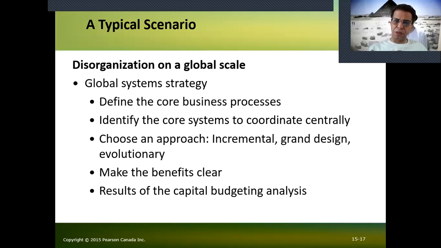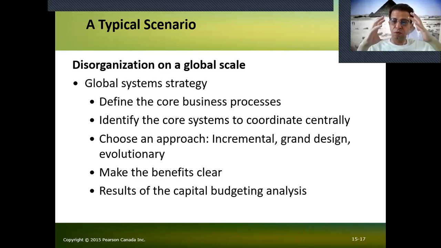So a typical scenario for organizing on a global scale is a global system strategy. Define the core business process. So first we look at the core business process. What is its core business? Identify the core system to coordinate it centrally.